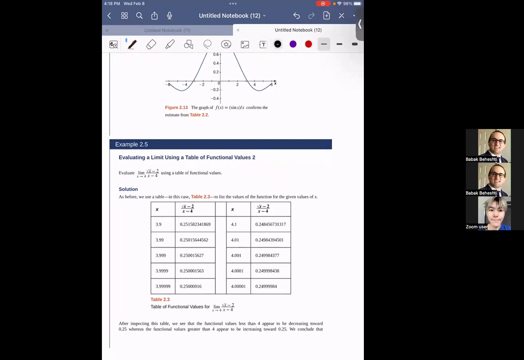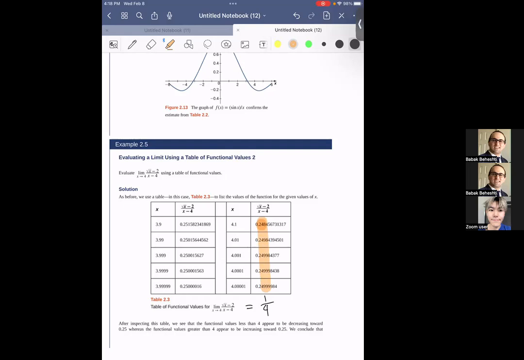So this limit is basically equal to 1 over 4. Just by looking at the table, because if you see the values on the table, you see they approach 0.25.